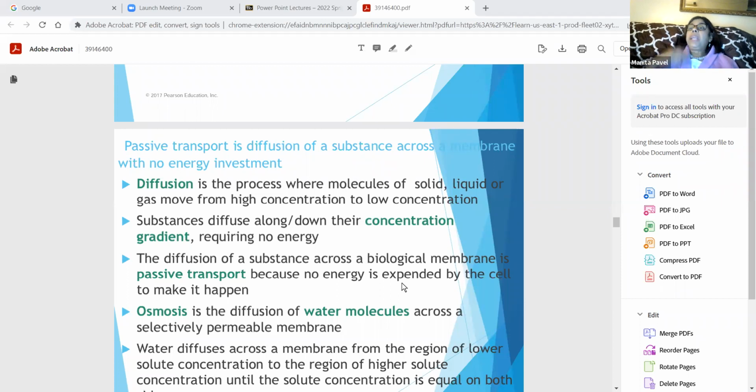You will be conducting experiments on osmosis and diffusion in the lab, and it will bring more clarity to the theory that I'm explaining. So let's understand, what is diffusion? What is the meaning of to diffuse? To diffuse is to spread.